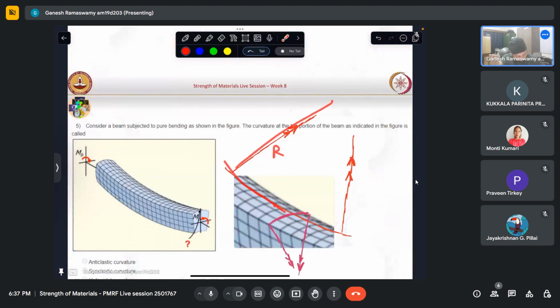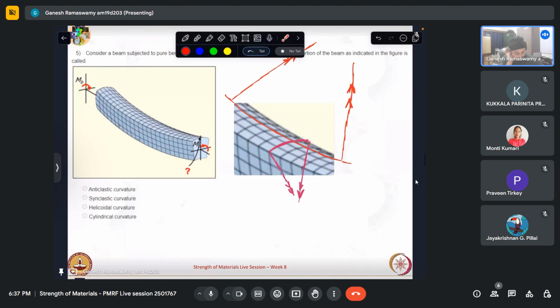So this is what we are looking at, the center cut of the beam. That is what we are interested in presently. But it is also important to know what happens in a plane that is not falling there. So a 3D representation gives you a better appreciation of this. So this is anticlastic curvature.